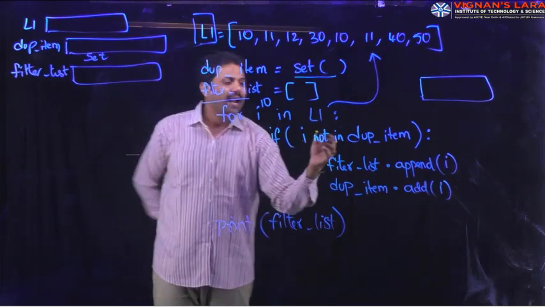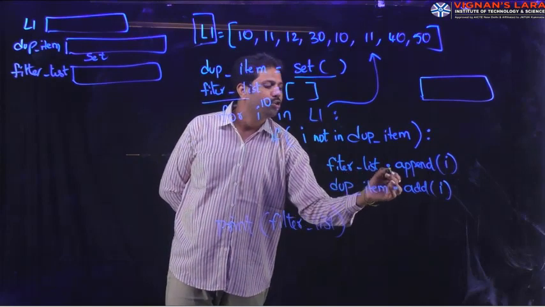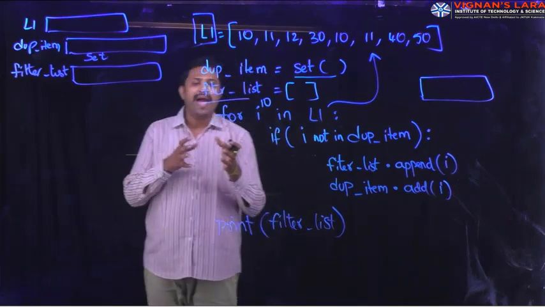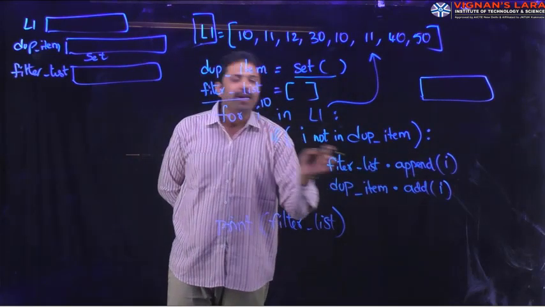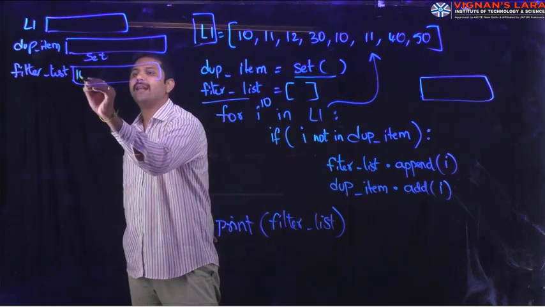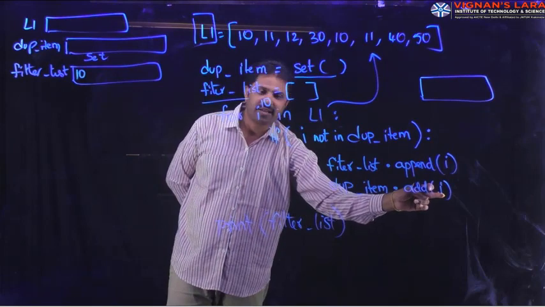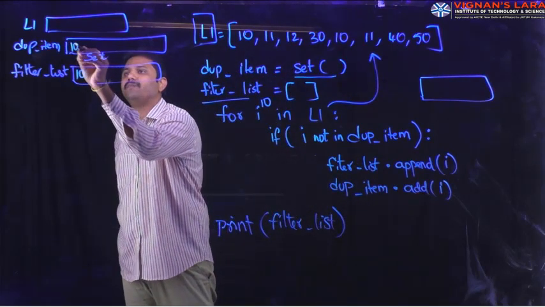That means the condition is true and it is going to pass. Filter list dot append. What is the need of append? Append inserts the value at the end. That means the value 10 is stored in filter list, and duplicate item dot add i means 10 is added to the duplicate items.